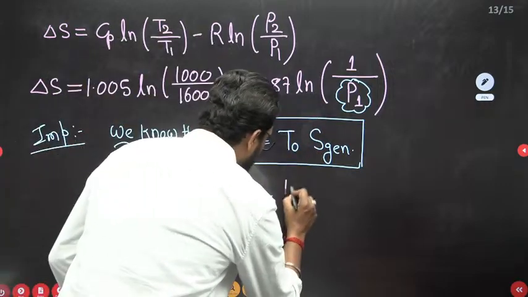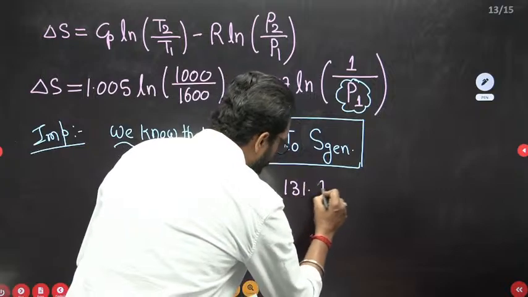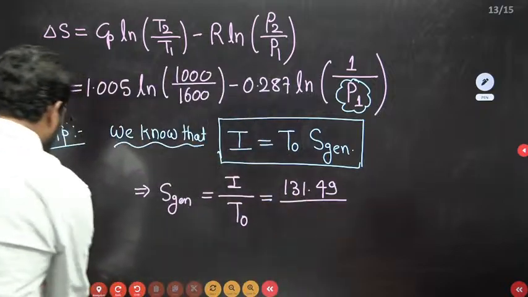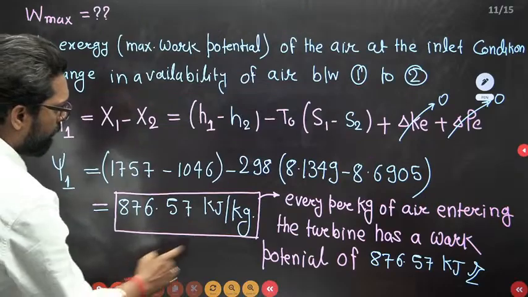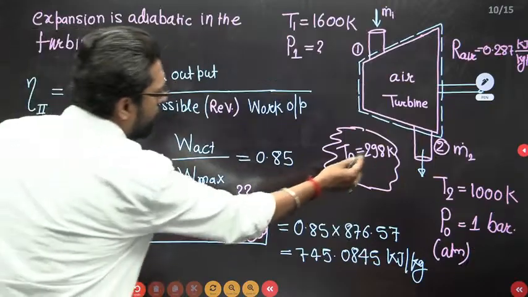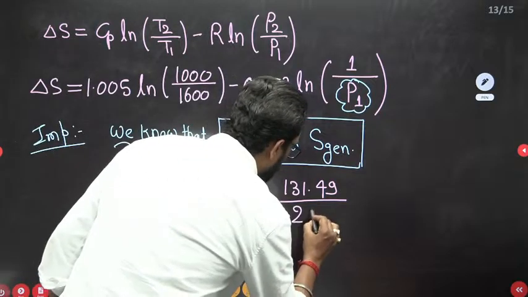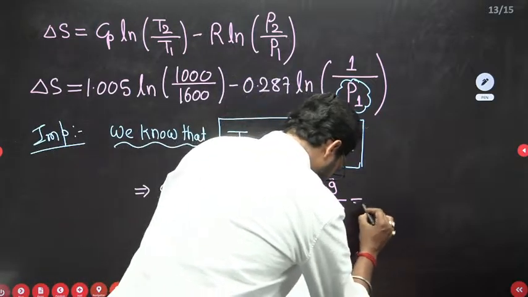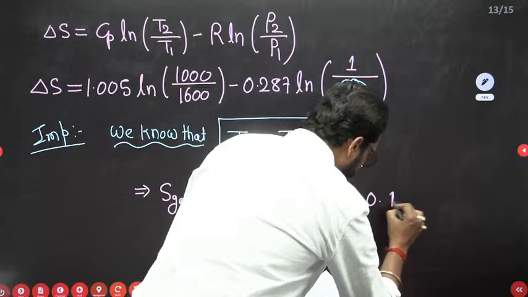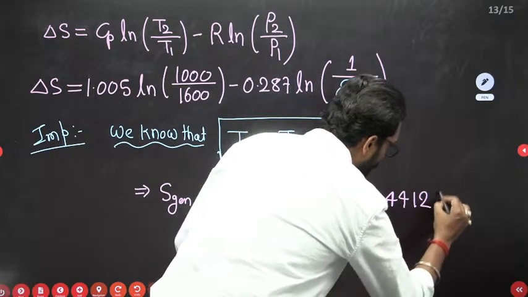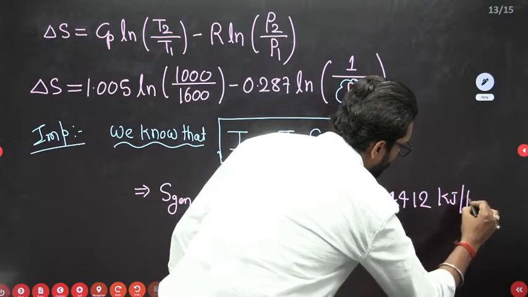Irreversibility is 131.49, and the surrounding is 298. If you solve this, it is 0.4412 kilojoule per Kelvin.